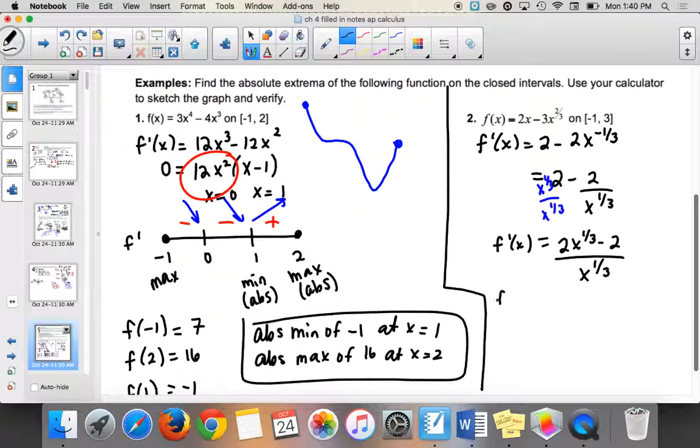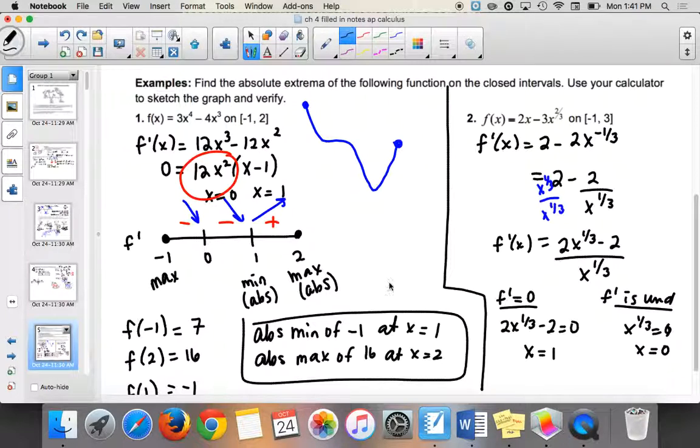So if I set my numerator equal to 0, I get 2x to the 1/3 minus 2 equals 0, so x equals 1. Do you guys see that? And then the other one is x to the 1/3 equals 0, so that's x equals 0. Oops. That's a 0.